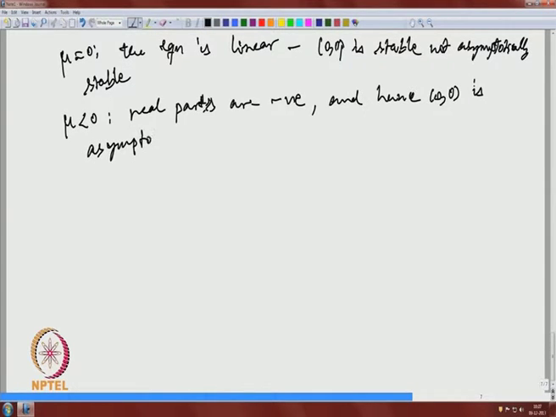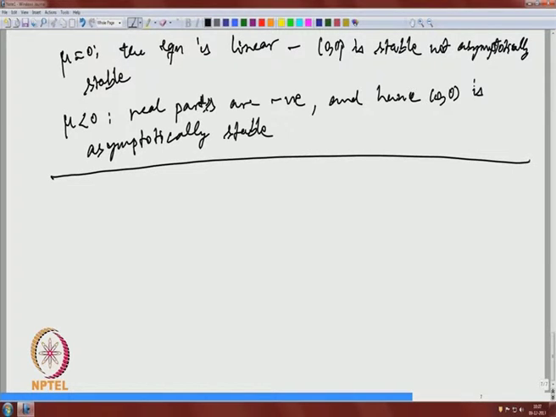So, as I said in the beginning, mu positive is the interesting case, and we will see that a little later. Okay. So, let me now describe a situation where the linear stability analysis implies the nonlinear stability.